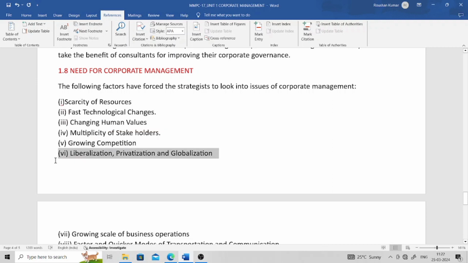Due to liberalization many processes have changed, and privatization also affects the way organizations work and take care of stakeholders. So that's why there is a need for corporate management.